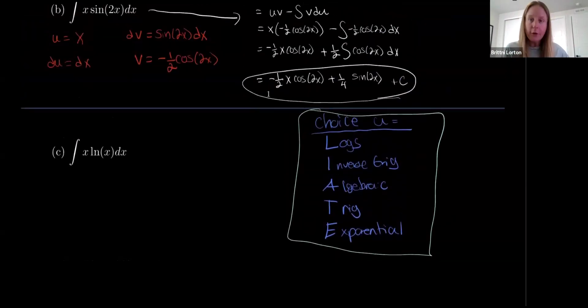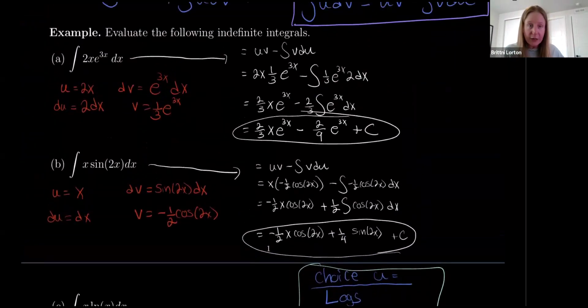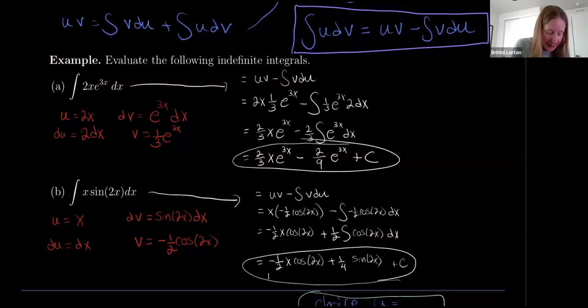So for example, in those previous two problems that we just did, the first one I had a 2x and an e to the 3x. That was an algebraic and an exponential. If I follow LIATE, I had no logs, no inverse trig. I had algebraic, so I had to choose algebraic to be my u. Same thing for part B: I had an x and a sine.